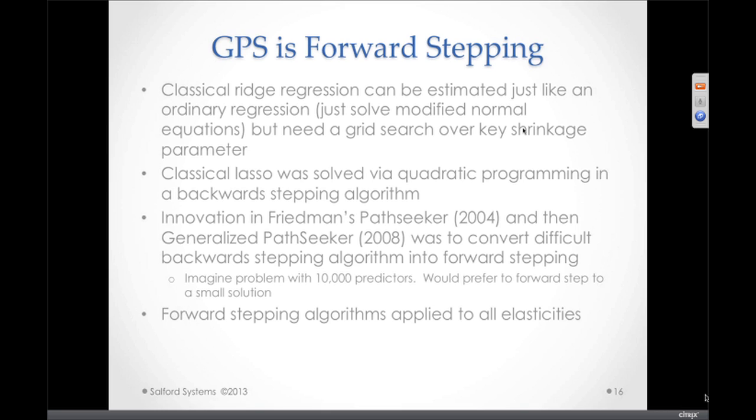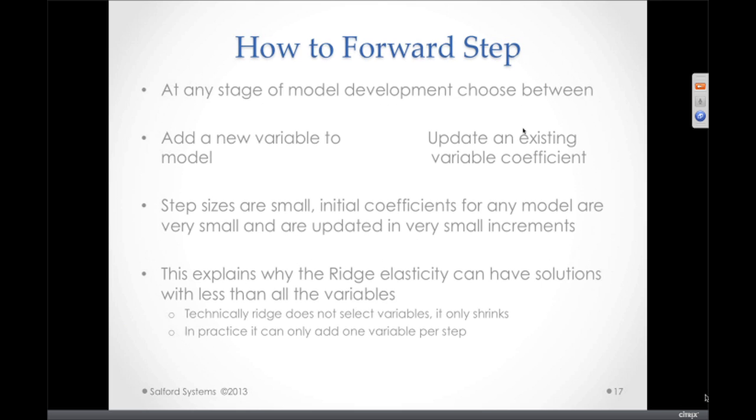So the brilliance of GPS is that it actually allows you to get arbitrarily close to the true lasso solution, but forward stepping instead. And therefore, you can get very fast performance. We have a reference here to the two papers that lay out Friedman's thinking on that topic.